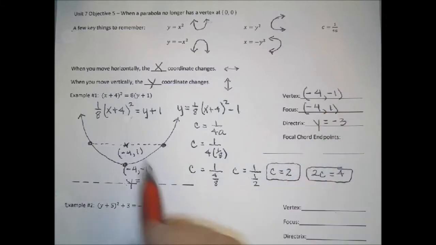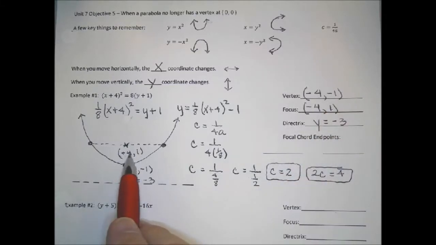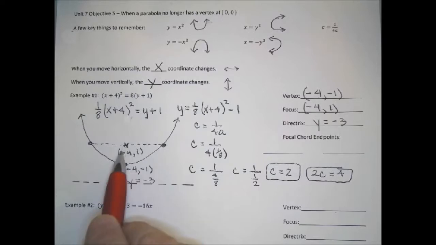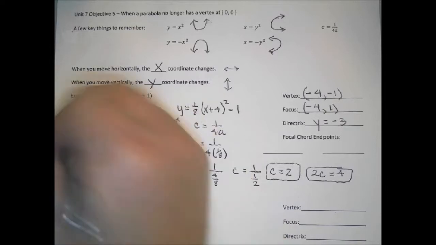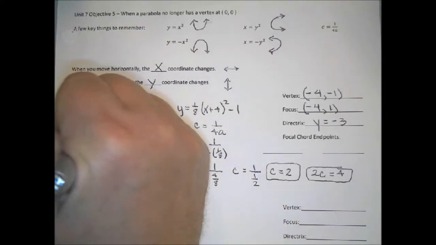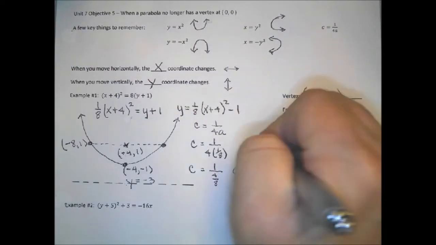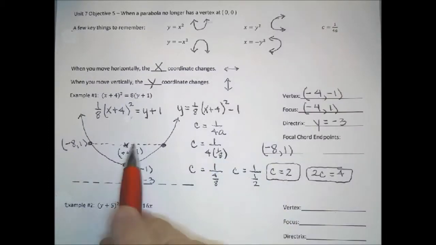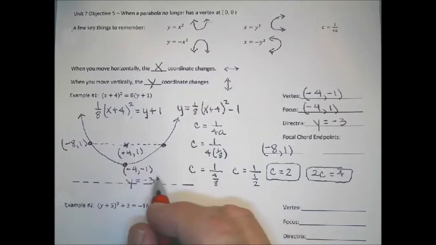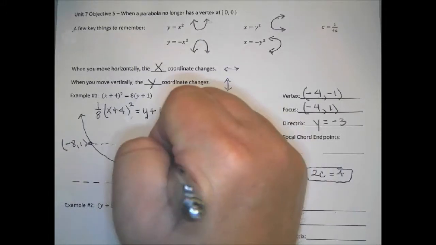If I'm at -4, 1, and I move 4 spaces to the left, that means my x-coordinate is going to change, my y isn't, and that would put me at -8, 1. And if I moved 4 spaces to the right, that would put me at 0, 1.